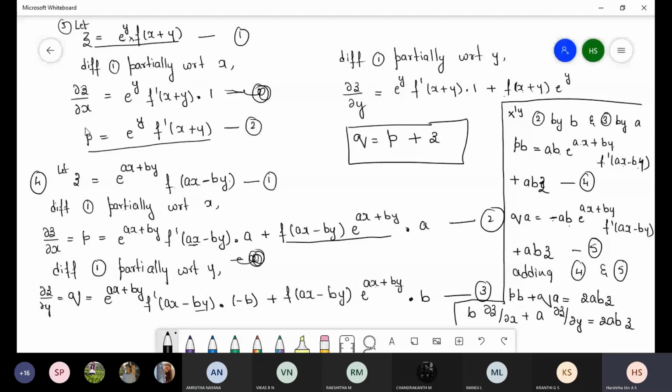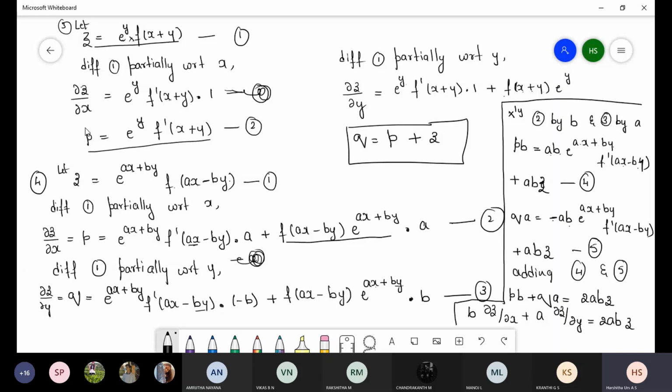First, we have to do partial differentiation with respect to y and with respect to x. Then for equation 2, we have a as a common term from both sides, so we can multiply with b. In the third one, we have b, so we have to multiply with a.